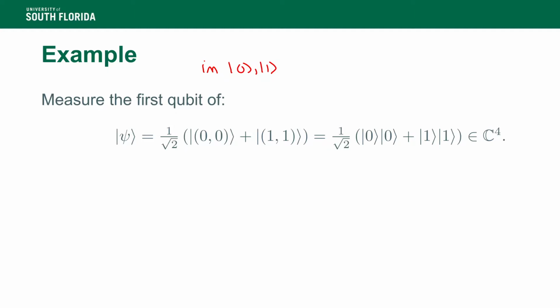So what do we get? Well, with probability 1/2, we get 0, and we collapse our state to the state 0, 0. And with probability 1/2, we get a 1, and our state becomes 1, 1.